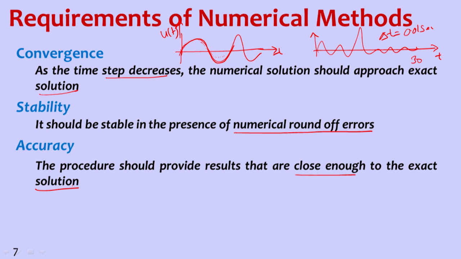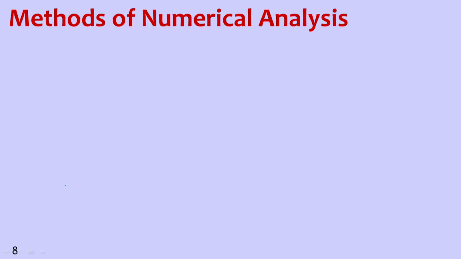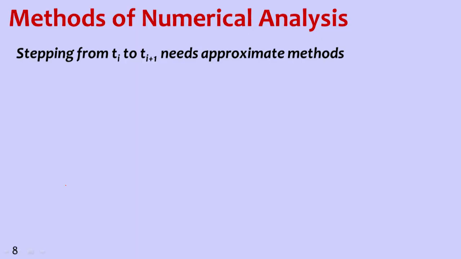So these three things are the requirements for numerical methods: convergence, stability, and accuracy. The solution should converge to the exact solution as the time step decreases, that is convergence; it should be stable in the vicinity of the solution, that is stability; and the procedure should produce close enough results, that is accuracy.